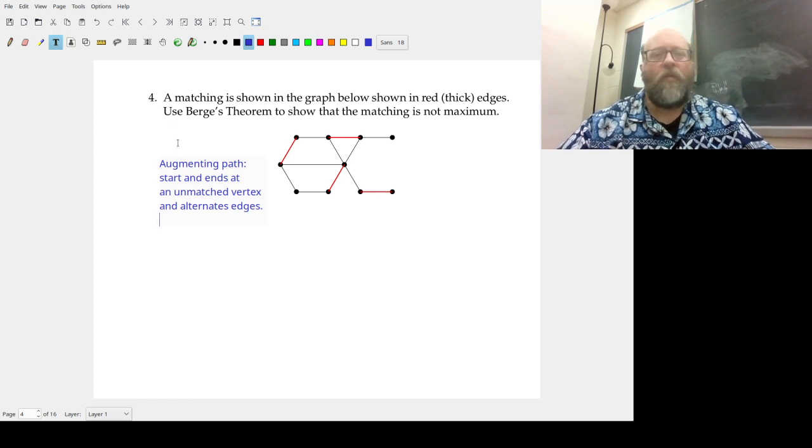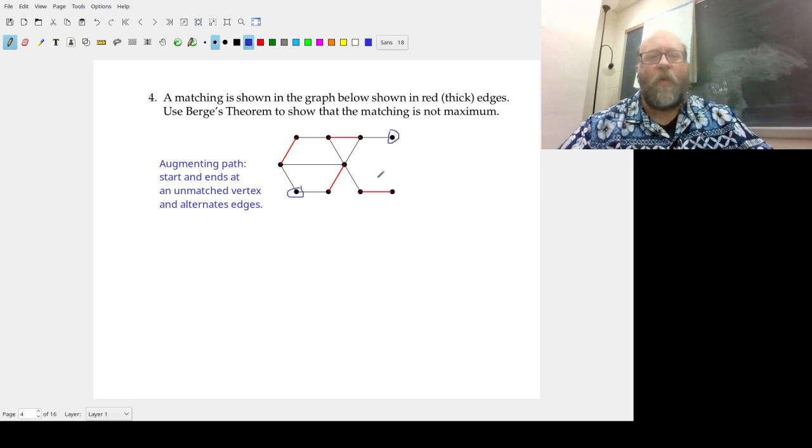So the only two unmatched vertices are the ones right here and right here. So we have to go from one of those vertices to the other, and I have to alternate edges.